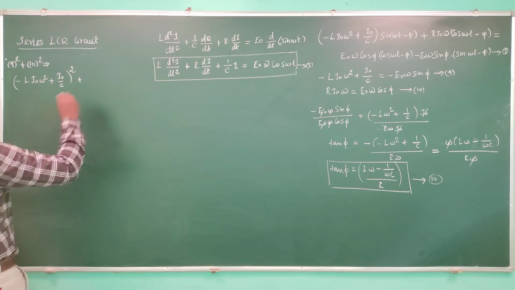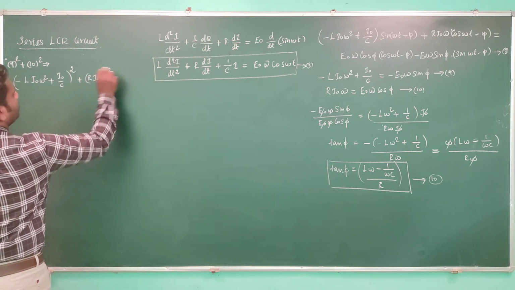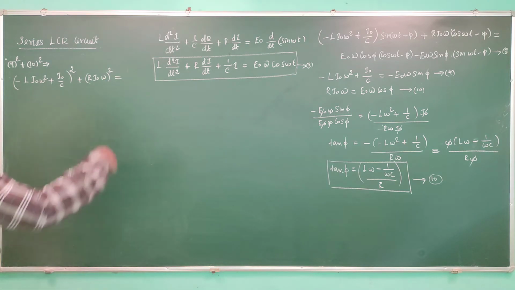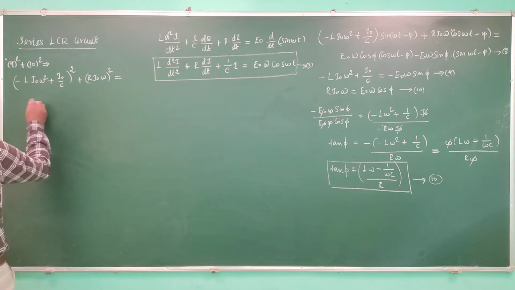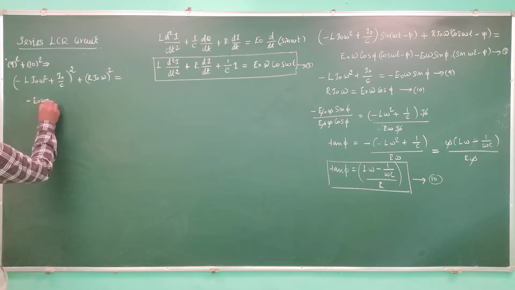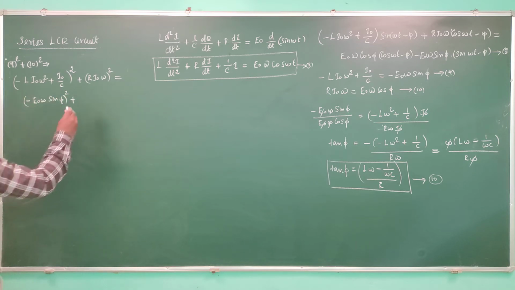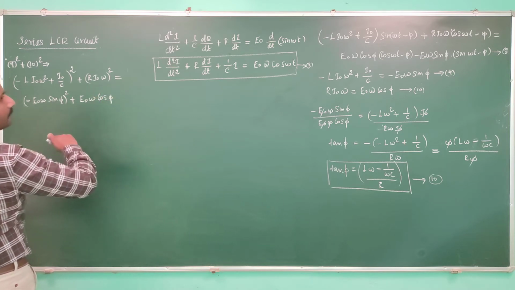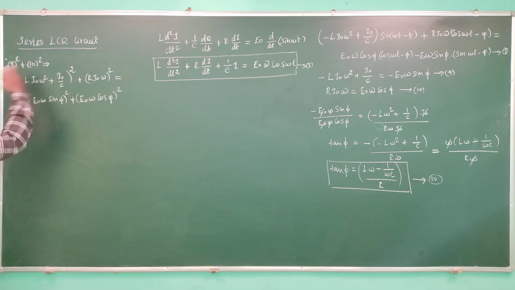on the left hand side, plus r I naught omega the whole square, which is equal to the right hand side, minus E naught omega sin phi the whole square, plus E naught omega cos phi the whole square. This becomes, we can take the I naught square out.